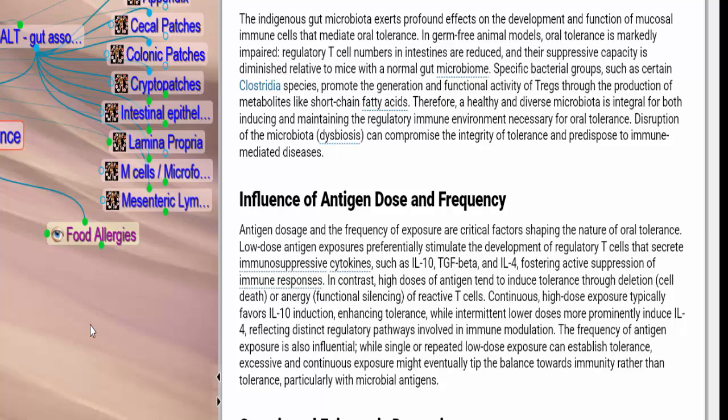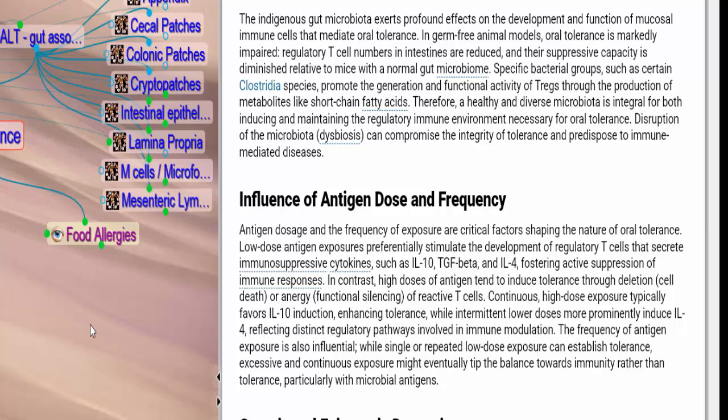When there's continuous high-dose exposure, that's going to typically favor interleukin-10 induction, enhancing tolerance, while intermittent lower doses more prominently induce interleukin-4, reflecting distinct regulatory pathways involved in immune modulation.